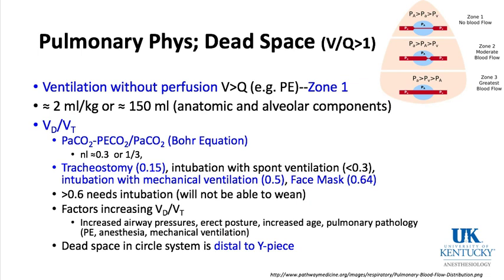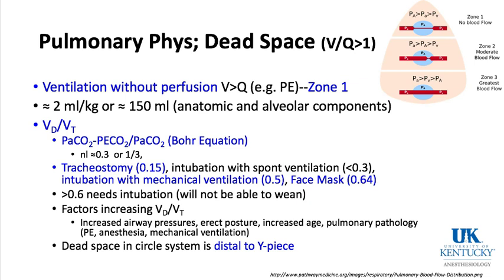By doing a tracheostomy in a patient, you reduce the dead space to tidal volume, because you're basically removing the hypopharyngeal area, and with a tracheostomy VD over VT decreases from about 1/3 down to about 0.15. Now, if you intubate someone, put an endotracheal tube down and leave them spontaneously breathing, it actually decreases dead space. Why?